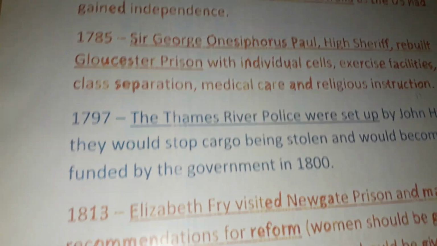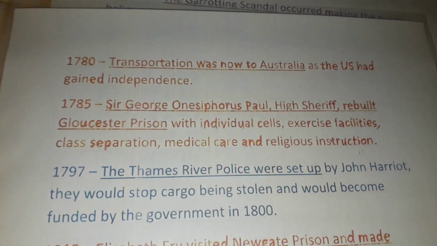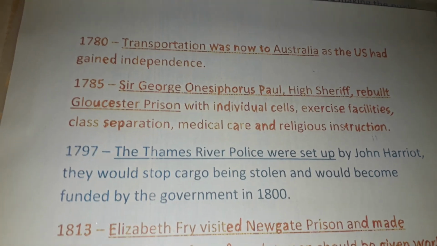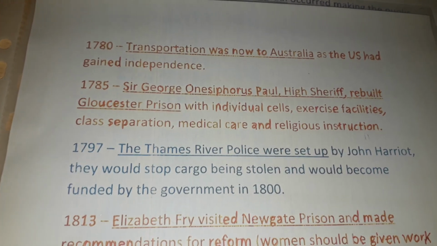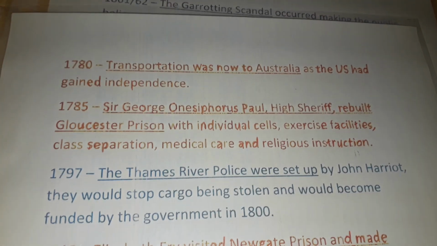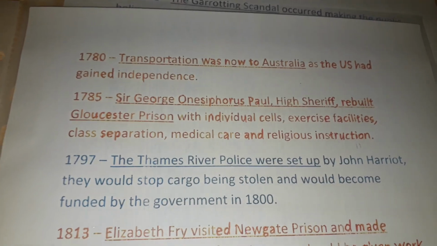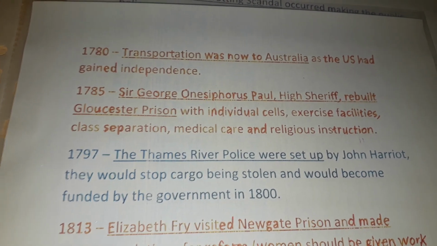So in 1780, transportation was now to Australia, as the United States had gained independence. They'd only recently discovered Australia, and they decided, if we're going to start sending criminals here, because America doesn't want them anymore, because it has become its own country, it's not just one of our colonies.